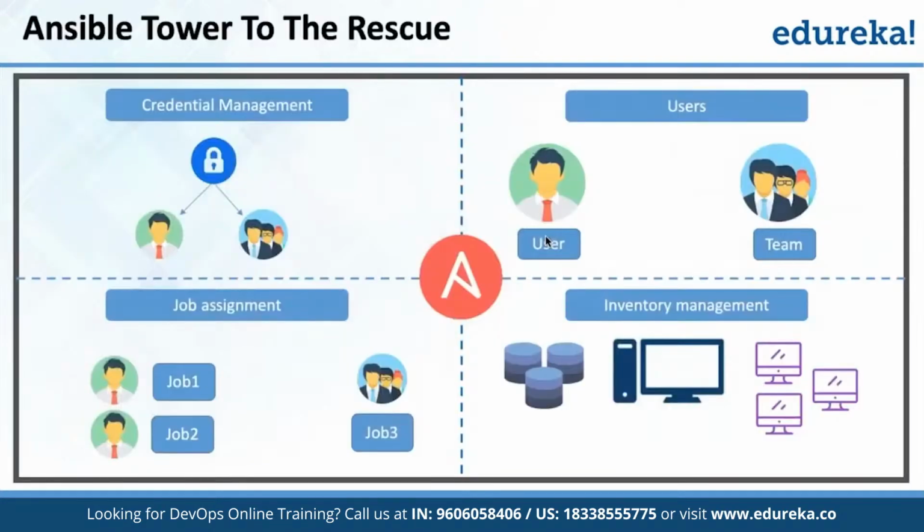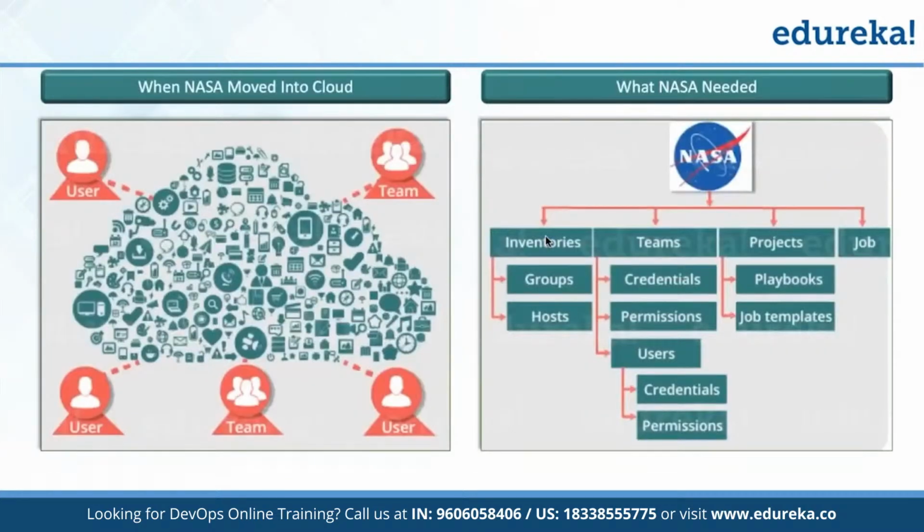So how can these problems be solved, guys? For these things we create playbooks. If NASA had used playbooks, it would have made life so easy for them. They could define which host to move to what architecture, which host to move to what group, all those things. That is the beauty of Ansible. You can literally group on what servers what permissions need to be applied.